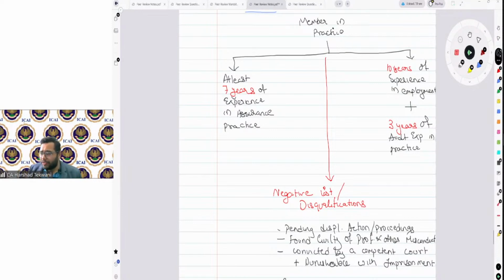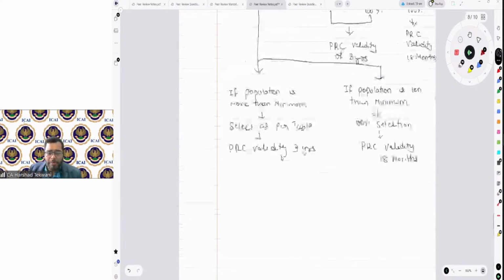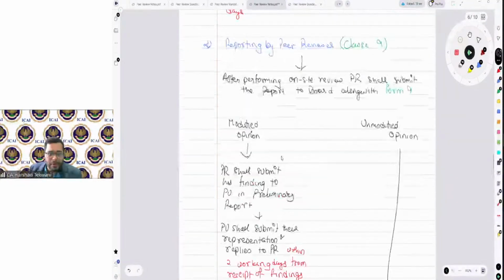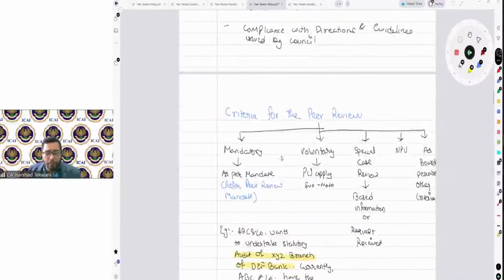Now, the next topic I want to cover with respect to the peer review is peer review for the new units. Very important. Okay. Till now, what we were discussing was the peer review with respect to the existing units. Now, remember when we were discussing the peer review criteria, I told you there are 5 criteria, and one of them was for the new unit, the new practicing unit.